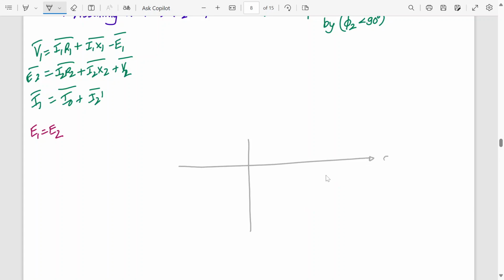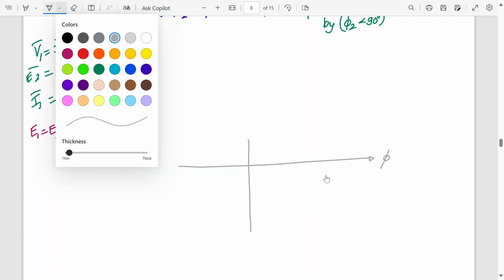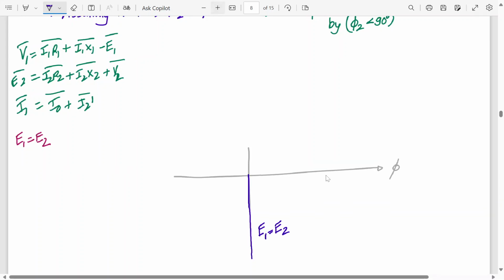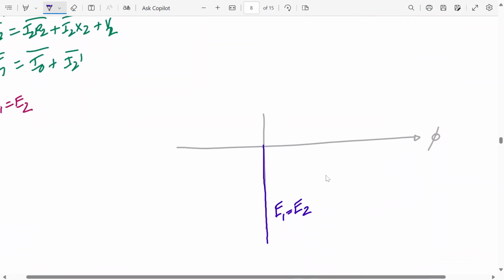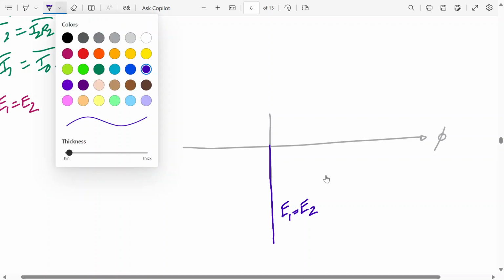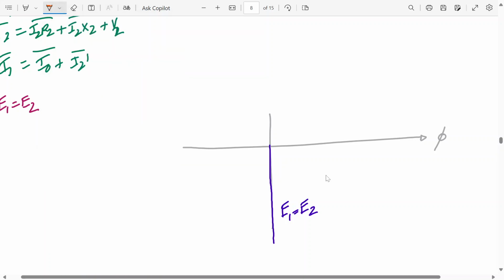So let us start with the assumption that the reference phasor leads E1 and E2 by 90 degrees. So E1 and E2 let us draw here. So this is E1 equal to E2. Let me start now. So first I'll draw I1 which is I0 plus I2 bar. So this is I0.